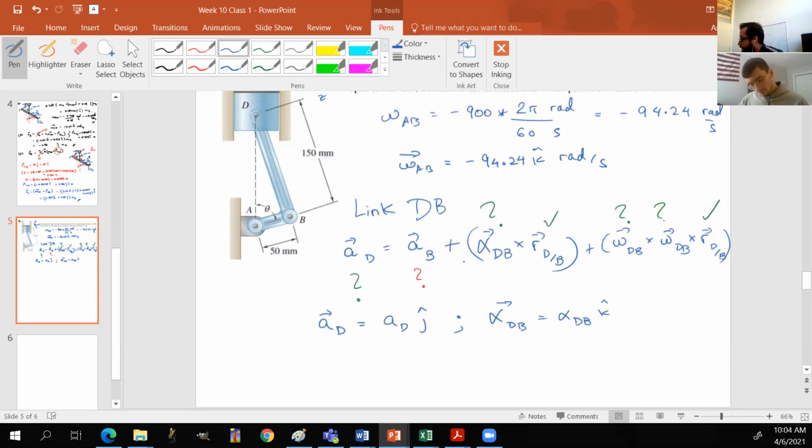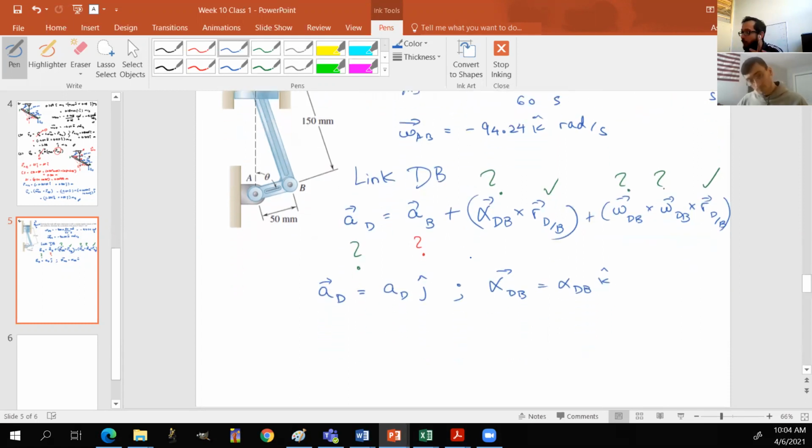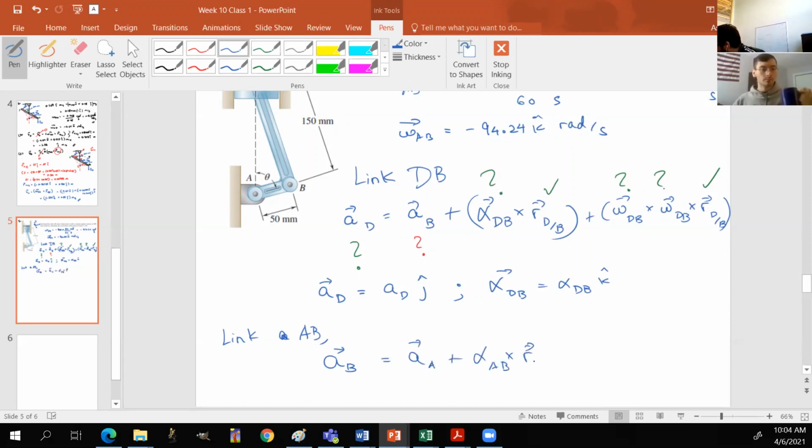All right, now we need more equations, right? So now you got to look at link AB, right? So the acceleration of B is going to equal the acceleration of point A plus alpha AB crossed with R of B relative to A plus omega AB crossed with omega AB crossed with R of B relative to A. All right, let's look at this equation now.